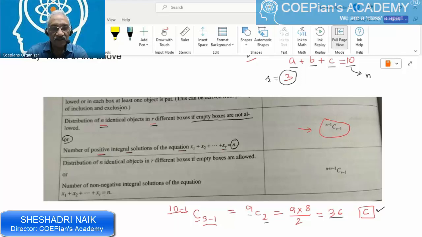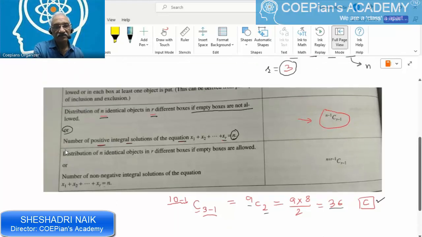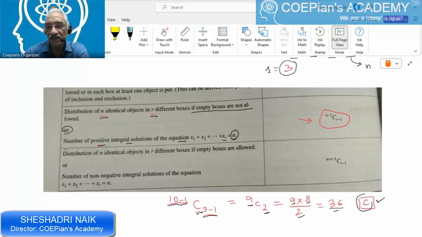So हमारा फॉर्मूला ऐसे बनता है कि n is 10, so 10 minus 1 C 3 minus 1, n minus 1 C r minus 1, which is 9C2, which is 9 into 8 divided by 2, which is 36, which is option C. So इस तरीके से we find the problem.